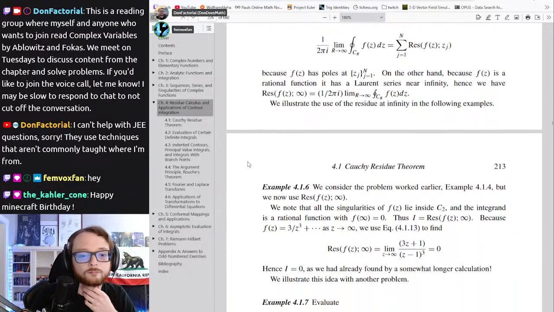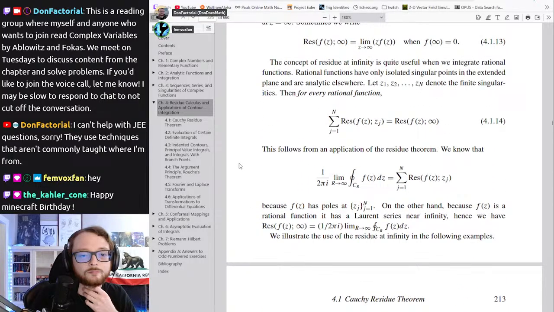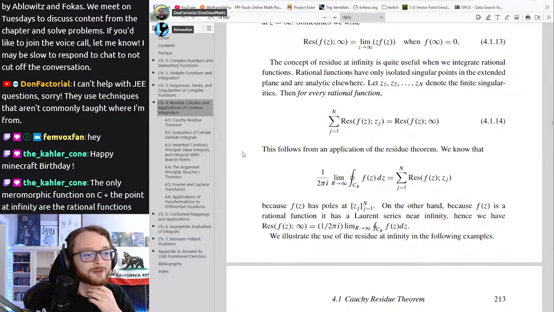I think it would be. Like if we threw an exponential on top or something. Maybe, I mean, I wonder if only rational functions meet that criteria, to be honest. The only meromorphic function on C plus point infinity... Okay. So yeah, Clark was saying only rational functions fit that criteria.